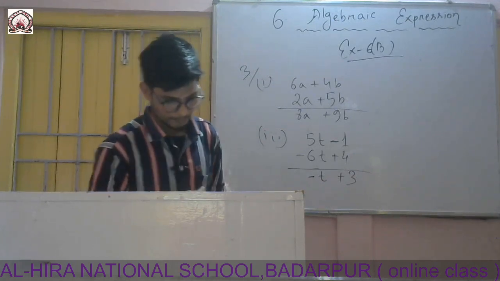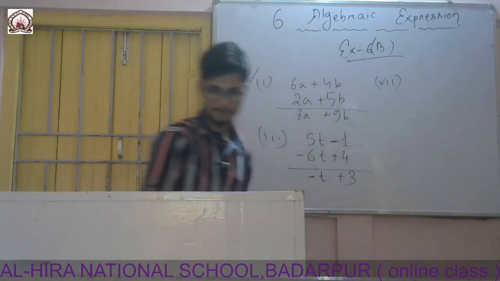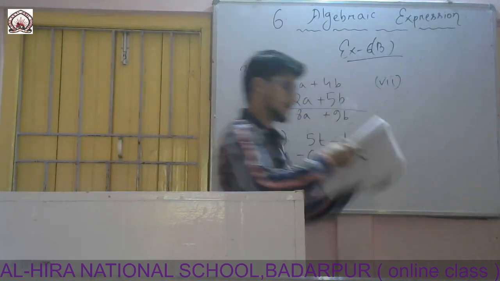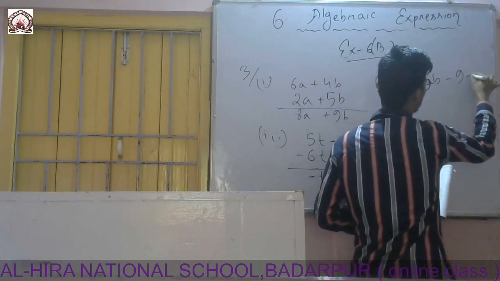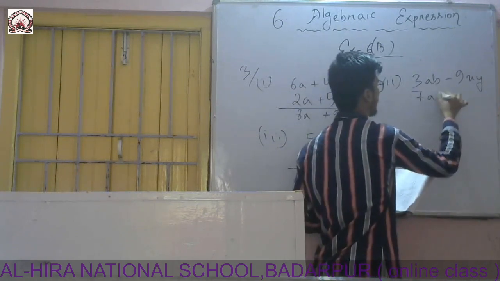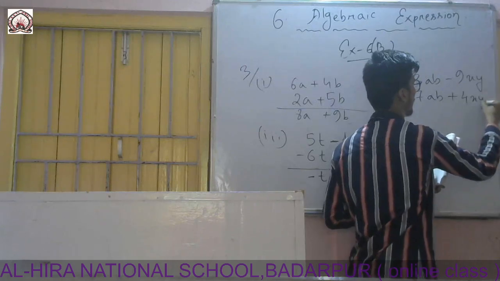So now Roman number 5, 6, 7 is 3ab minus 9xy, and 7ab plus 4xy.